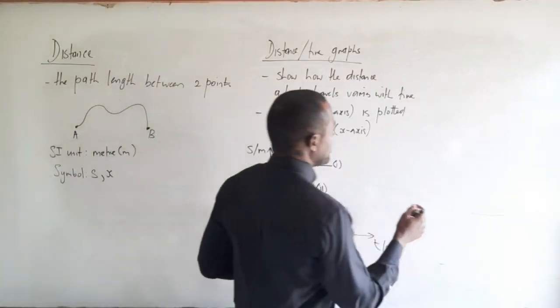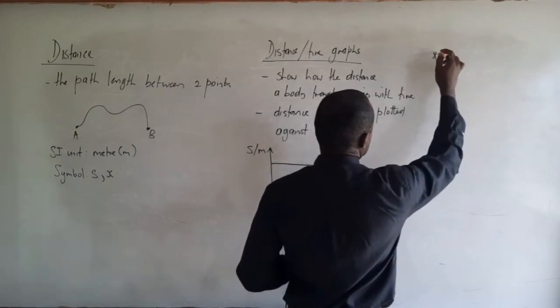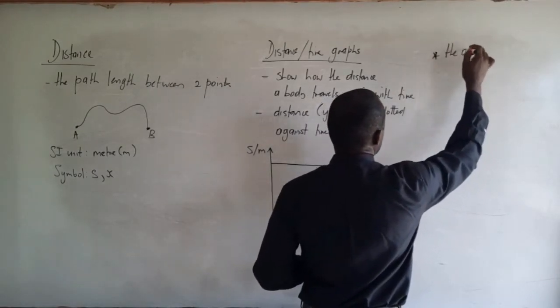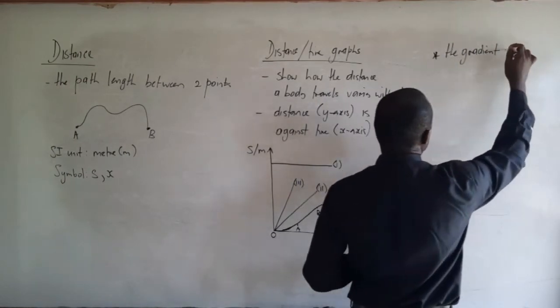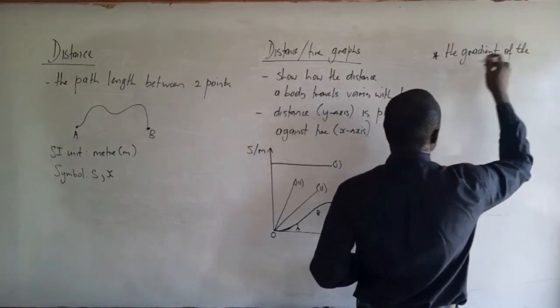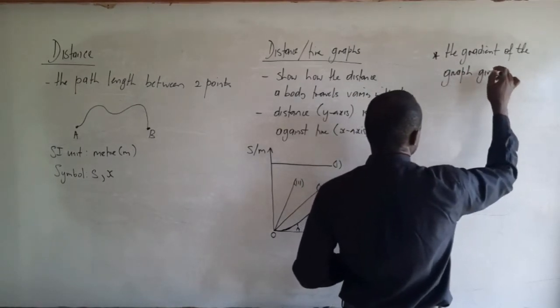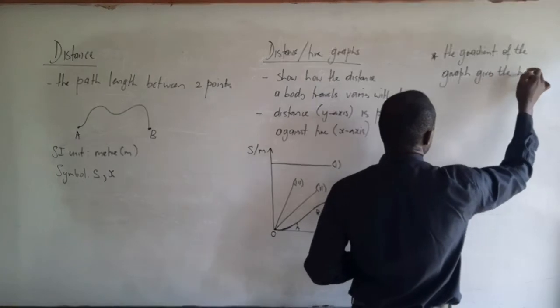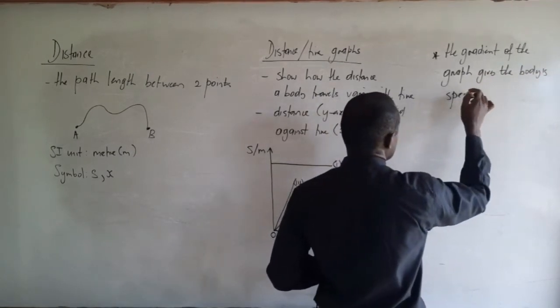From a distance time graph, the gradient of the graph gives the body's speed.